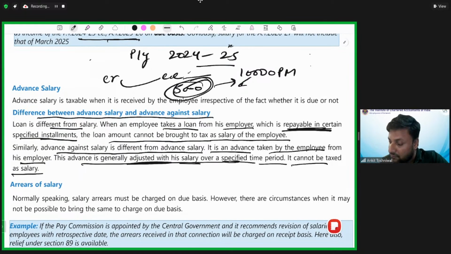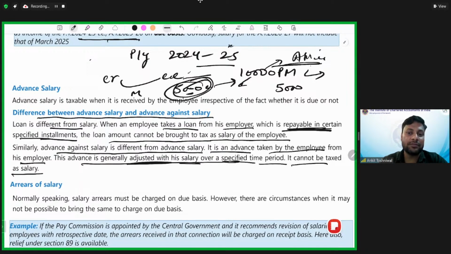If he received this 5,000 in March, salary becomes due in April. So this whole salary is taxable in April. That is 10,000. But the employee will receive only 5,000, because from this 10,000 the employer will adjust this 5,000.